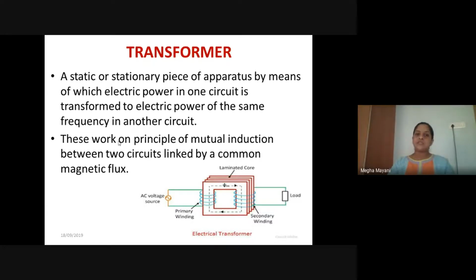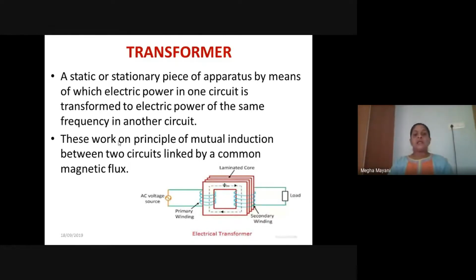Hence, a transformer can be defined as a static piece of apparatus by which the electrical power in one circuit is transformed to electric power in another circuit, maintaining the same frequency. It means that the input signal and the output signal have the same frequency, but there is a variation in electric power.